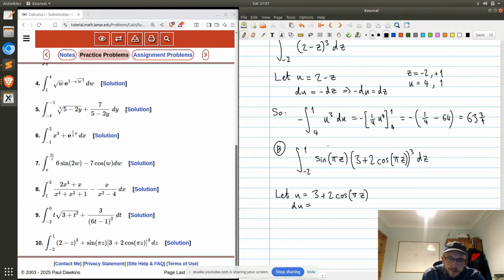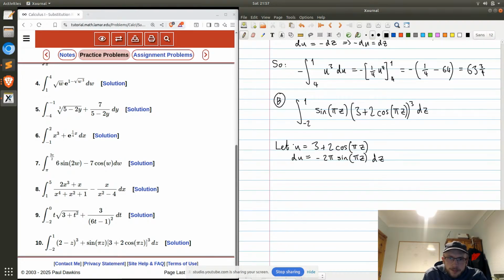Minus 2 pi sine of pi z dz, so I believe it should be that. So minus 1 over 2 pi du is equal to sine of pi z dz.